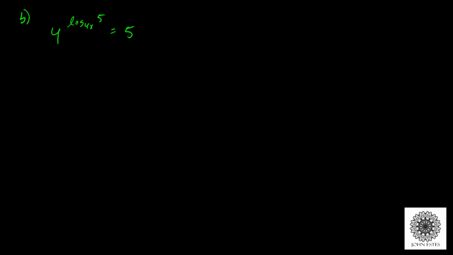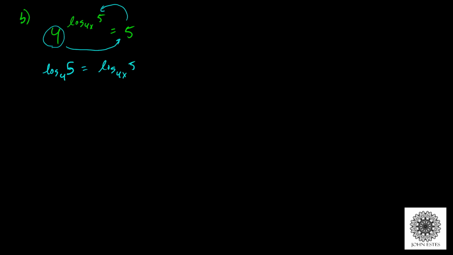The only thing I know how to do here is to rewrite this using our whirlwind principle, right? This is an exponential, so if I say log base that of that, it will equal the exponent. Let me say that again. That's a log base 4 of 5 is going to equal the exponent, which is log base 4x of 5.